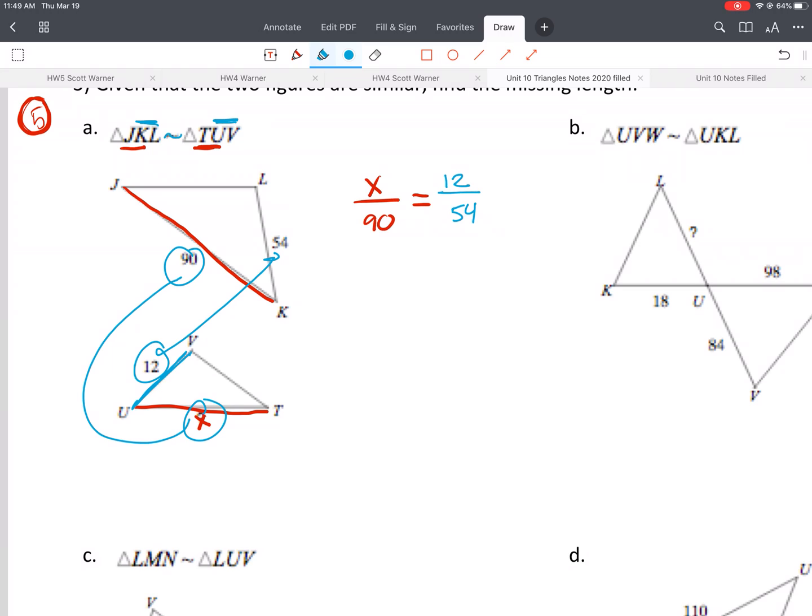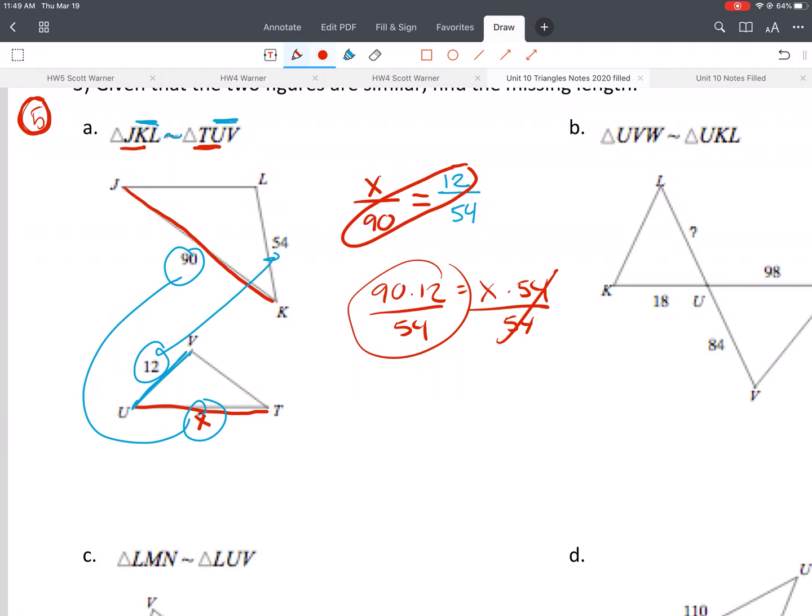All right, so we'll just do the cross multiplication. So here we've got 90 times 12 is equal to x times 54. We can divide both sides by 54, and then we can just plug that into our calculator.